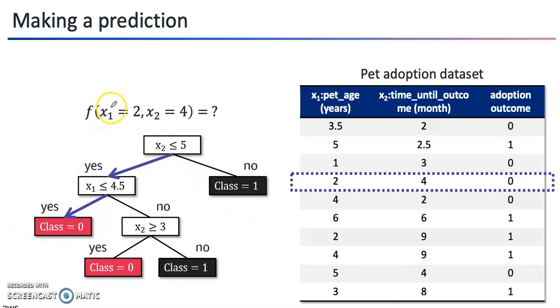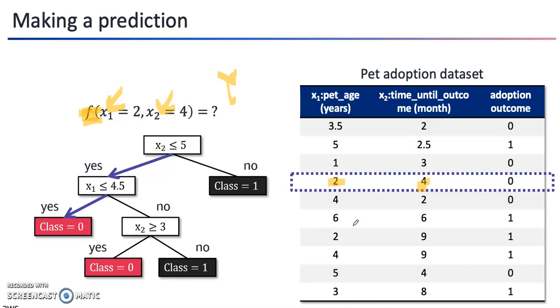We could use the notation f for the target, the output, given these inputs, the specific input of one value of x1 and one value of x2. So x1 at the value of 2, x2 at the value of 4. What would be the value of the target, assuming that y equals f evaluated at specific values of x?